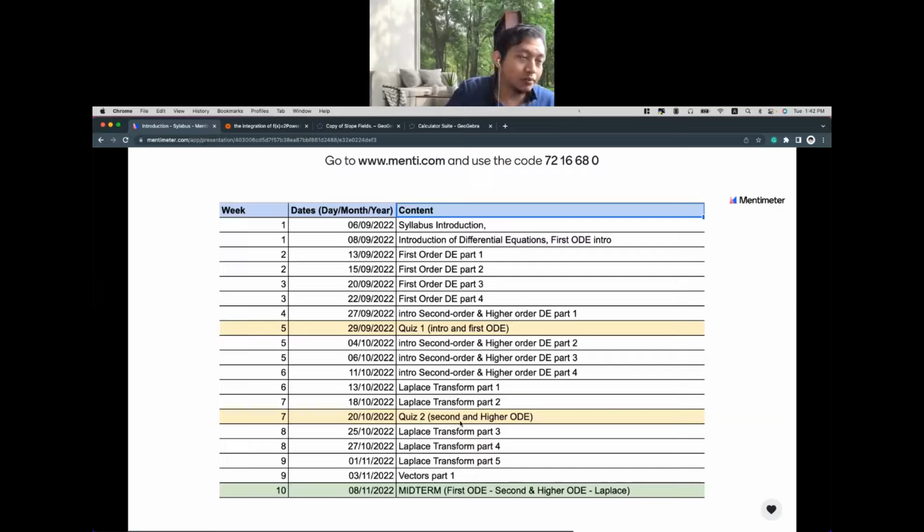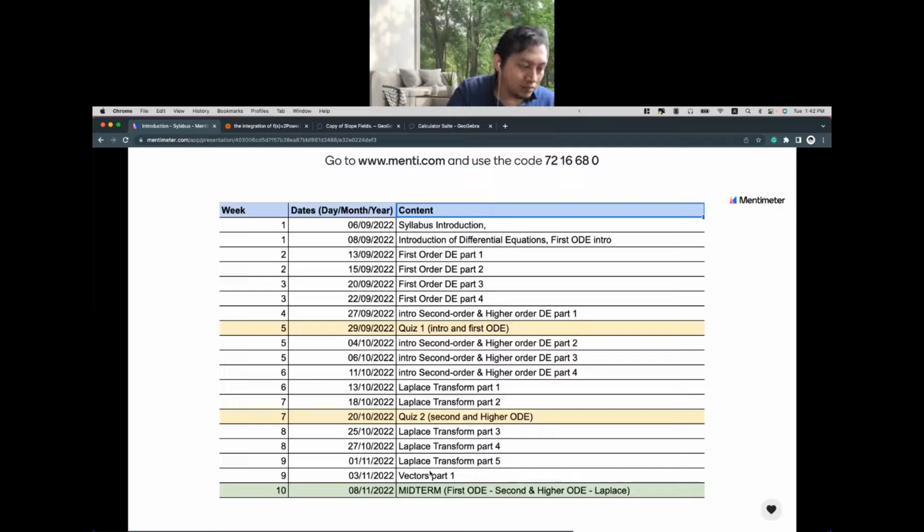Okay, and then we are going to learn the properties, and then instead of doing the integration, you can just use the Laplace as operations. I will tell you later about this.